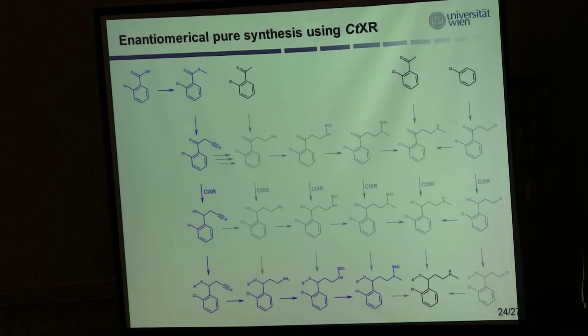And we started with some long ways and made these ways shorter here down to 6 steps, again 6 steps. Here we have only 4 steps, and finally we started with the ortho-chloroacetophenone, which I mentioned before, and then we come in 3 steps using the CDXR in a key step to our product.